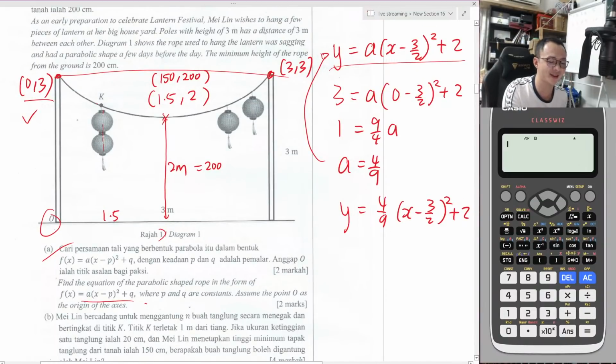But the question doesn't say about the top of the pole, so I just assume it's 1 meter like this. So if this is the origin, at least I know the x coordinate of K is 1, and the y I do not know. So I can easily get my y by just substituting the 1 into my equation here.